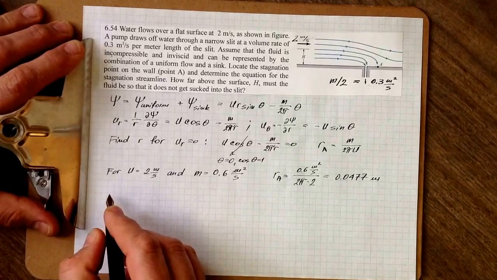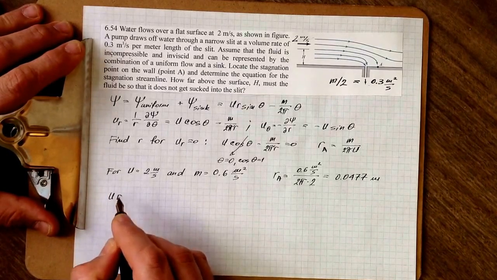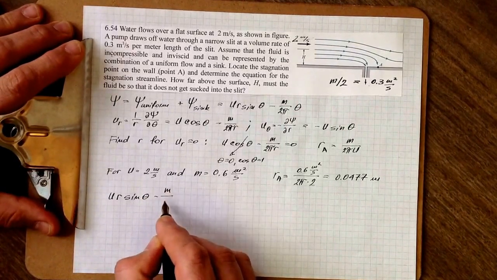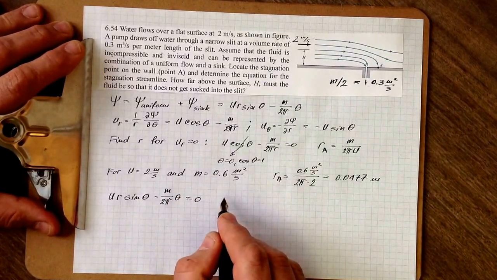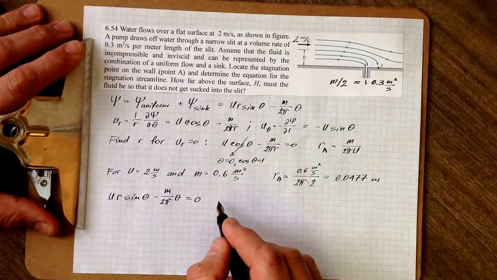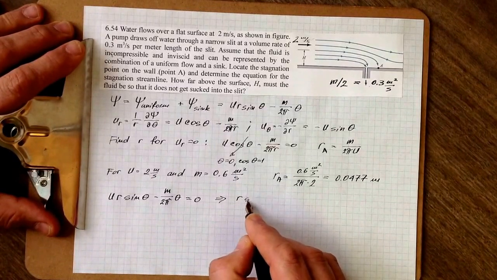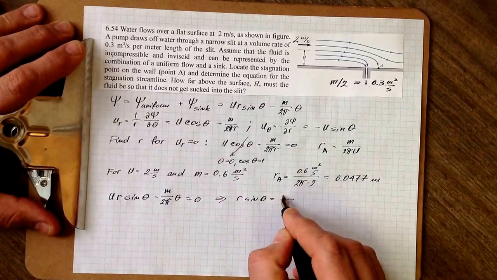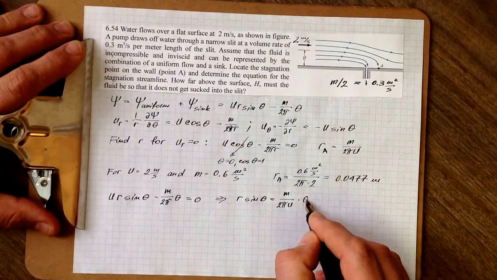Basically we're saying that u r sine theta minus m over 2 pi theta equals 0, or the equation for the streamline is that r sine theta equals m over 2 pi u times theta.